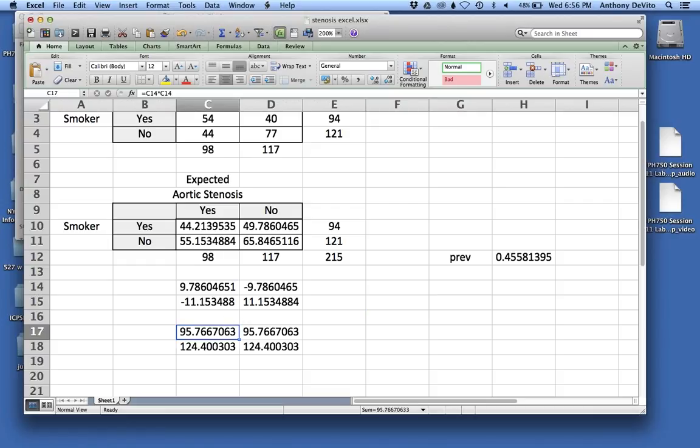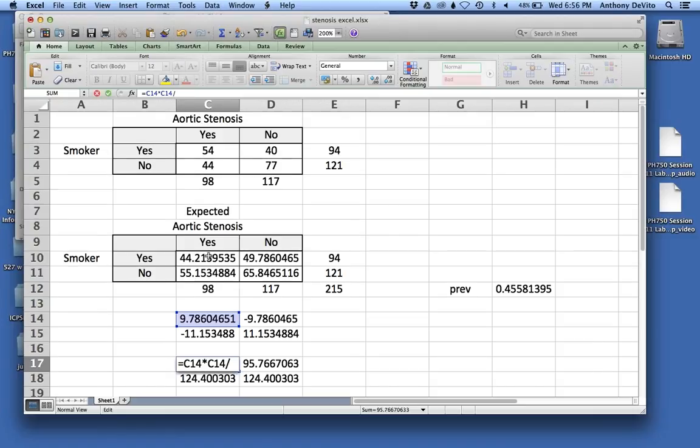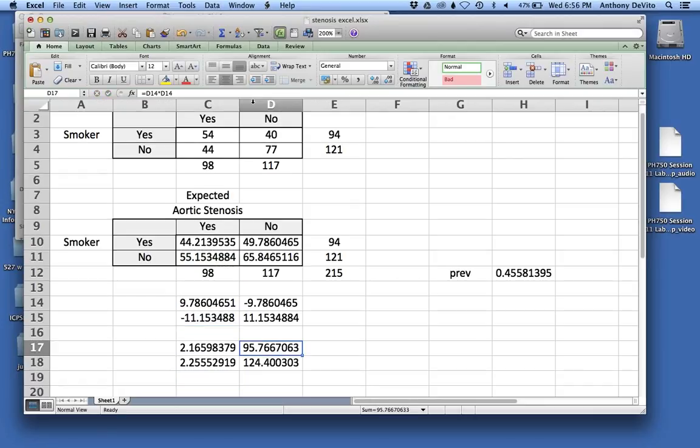And I'm going to do that by taking each one of these numbers and dividing by the expected values, the values that I have here in the expected column. So I'll divide that number by that, and I'll divide this number by its expected value, and I'll divide this number by its expected value, and I'll divide this number by its expected value.